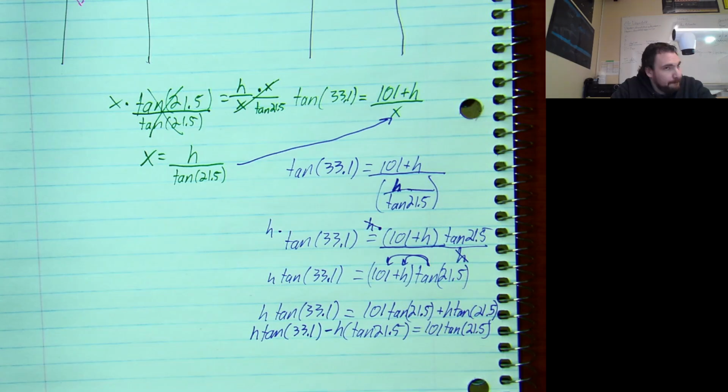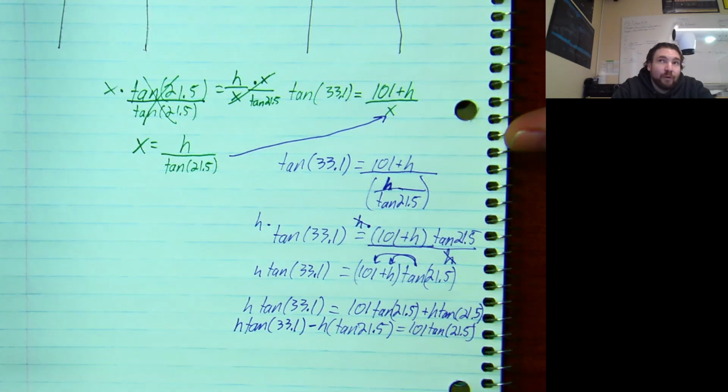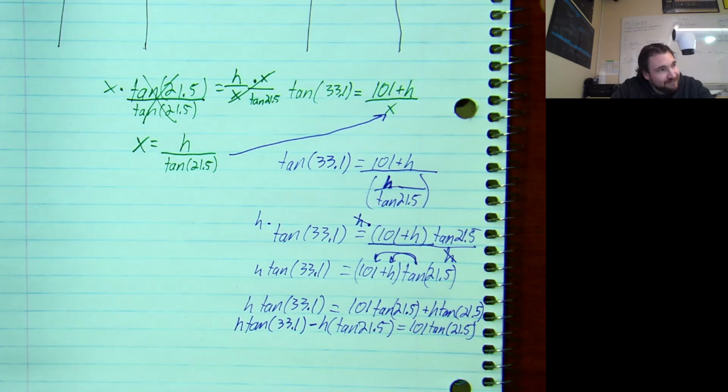We're going to use all the skills that you've used and learned in Pre-Calc 10 and whatever you may have seen in any 11 course you took. I want to get h by itself. What can I do with h on that left-hand side? How would I do that? So I'm going to factor out h.